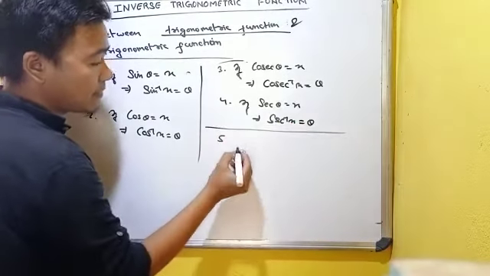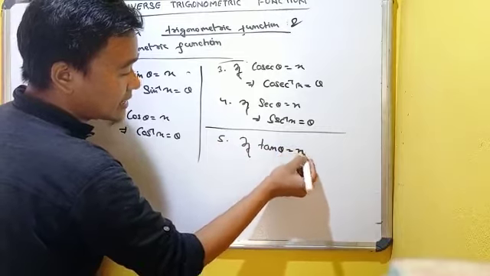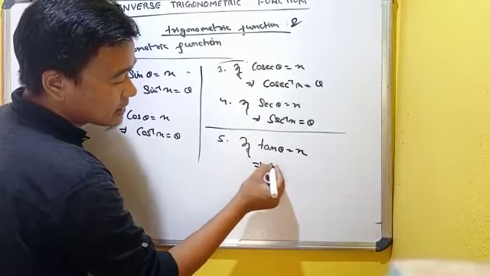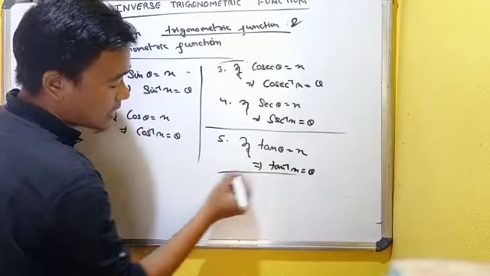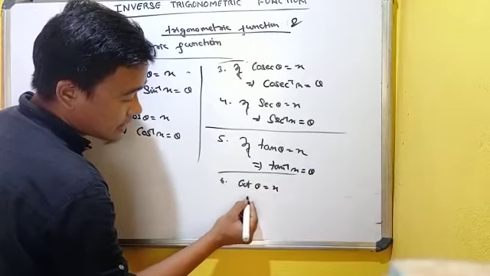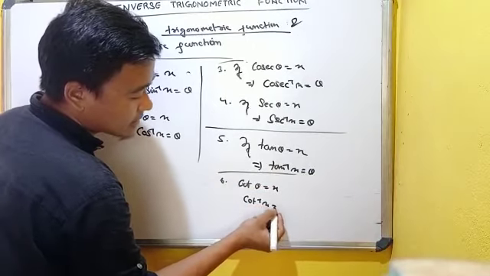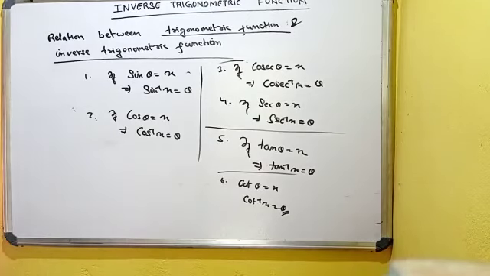Formula number 5, if tan theta is equal to x, then tan inverse x is equal to theta. If cot theta is equal to x, then cot inverse x is equal to theta. So these are the basic 6 formulas which is the relation between trigonometrical functions and inverse trigonometrical functions.